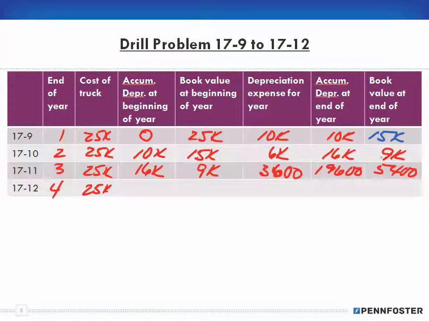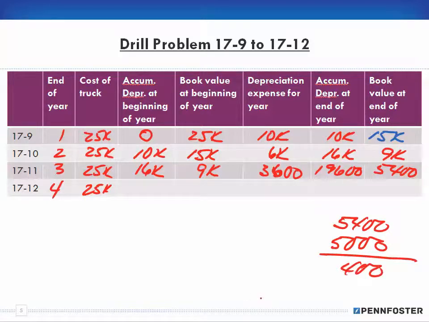Notice our book value is 5,400. That's an indication that I can only go down to 5,000. If I have a book value of 5,400 and I have to end at 5,000, that means for this year I can only depreciate $400. So my depreciation expense is only $400 right here.